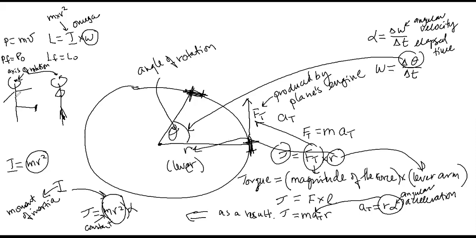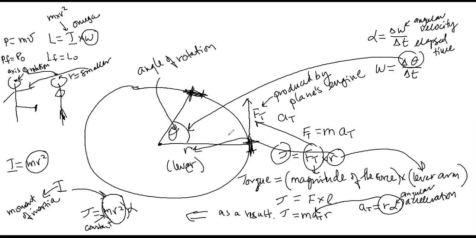So what's going to happen here, let me just put here versus here, the R for this position of the skater will be smaller than the R in here.